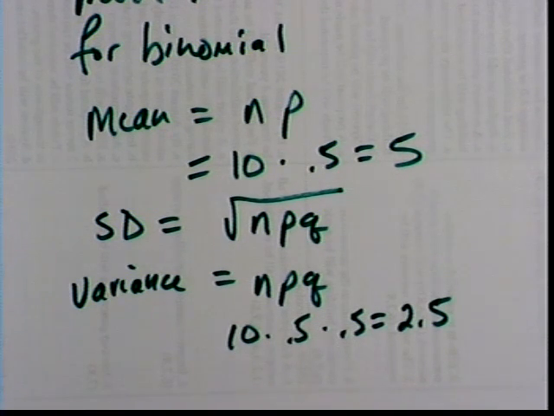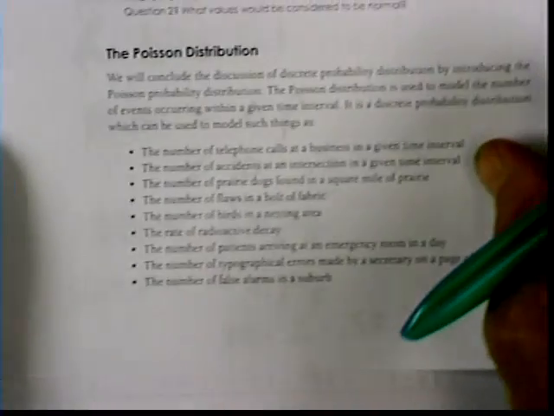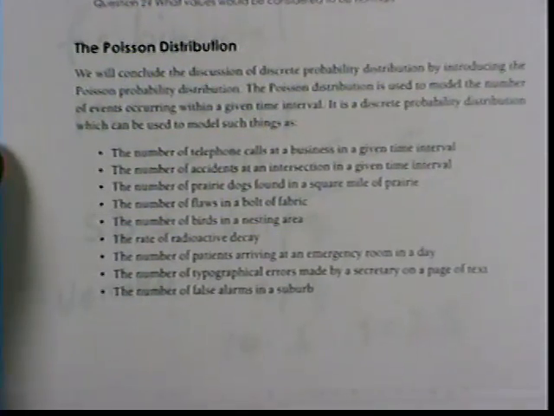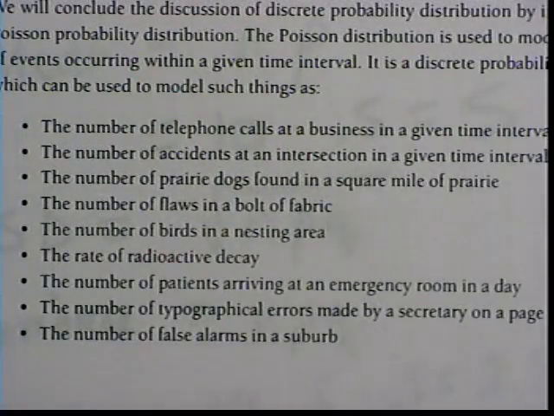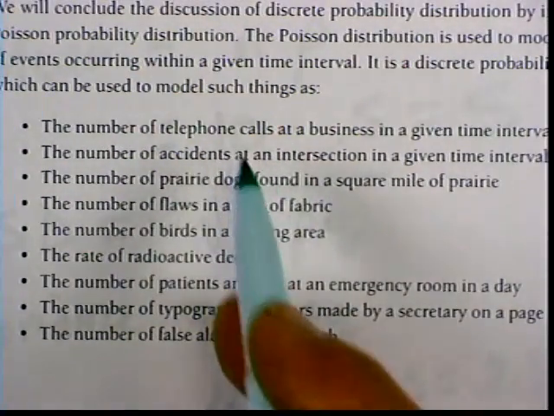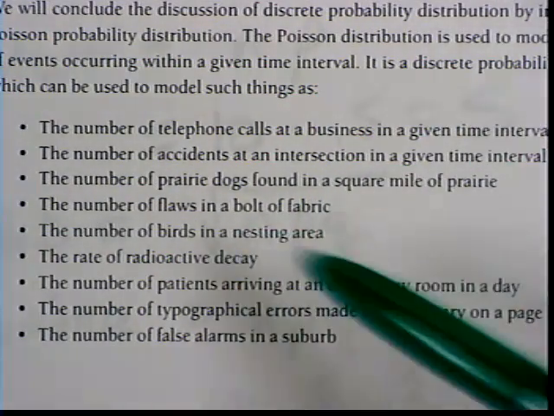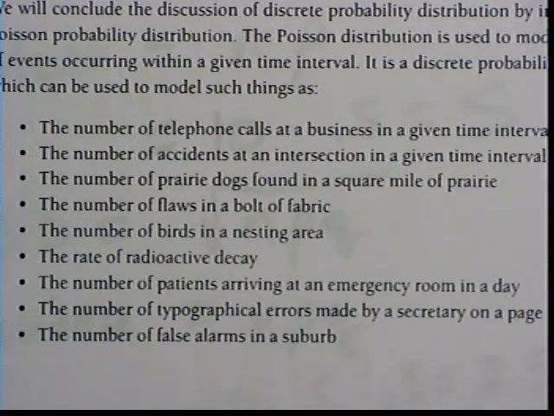Okay, and then at the end of this chapter, we conclude with something called the Poisson distribution. I just want to mention that for a minute. It is used a lot in rare events, such as the number of telephone calls at a business in a given time interval, number of accidents, number of birds in a nesting area, radioactive decay.